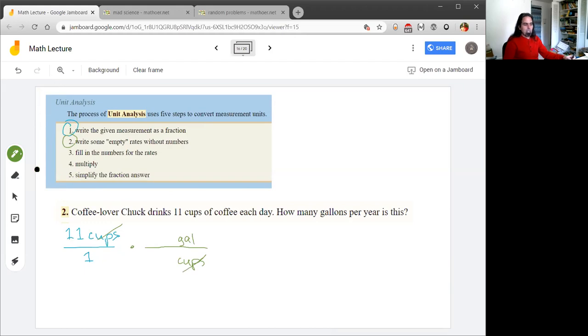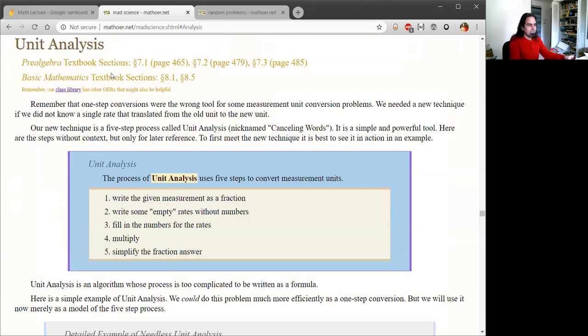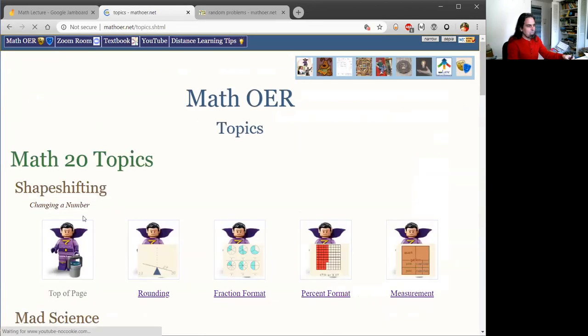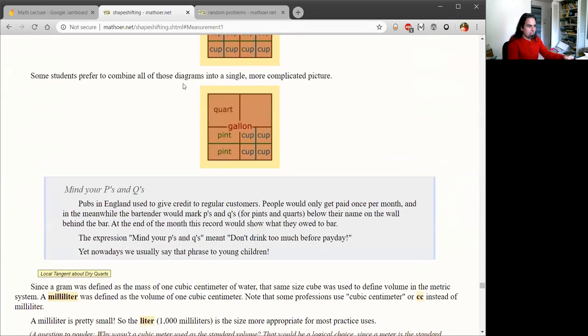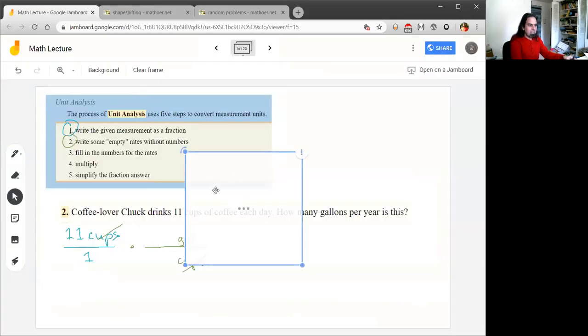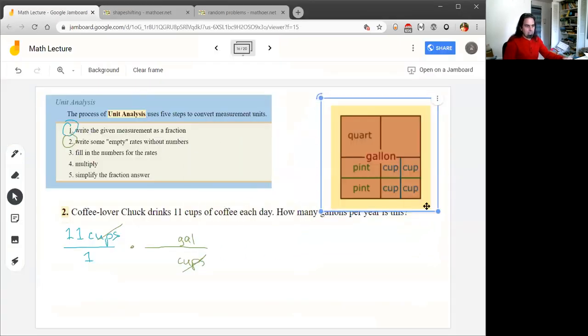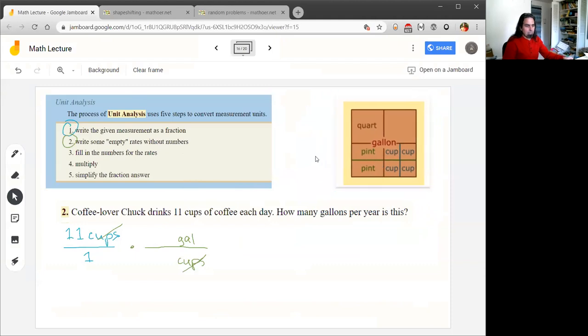Anyone need my little picture of how many cups are in a gallon from that other lecture? Somebody should say yes. There we go. Okay.